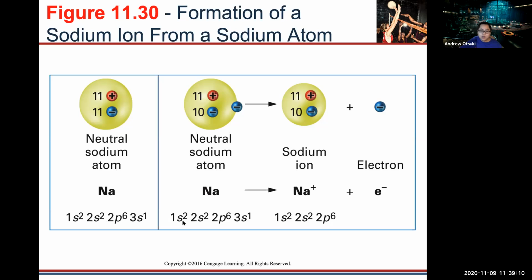And we see here that we write the electron configuration of the ion having lost that electron in the 3s1 energy level. So there are no electrons occupying it. So we simply write the electron configuration as the filled 1 and 2 energy levels. So also fair game on the exam is electron configurations for ions.